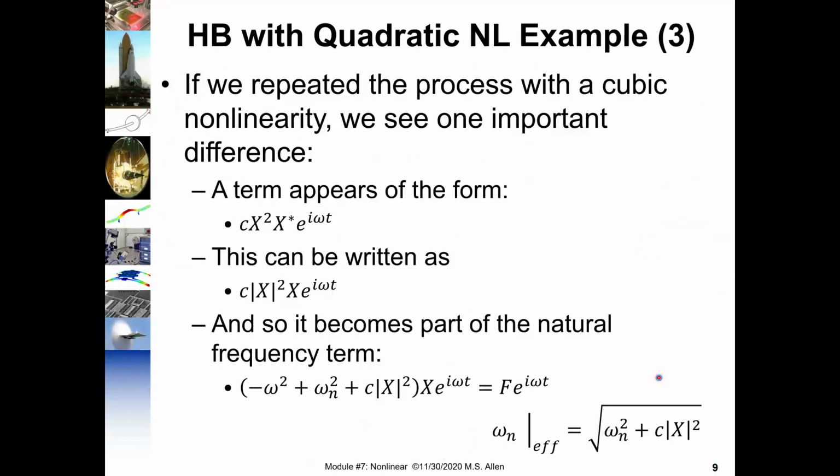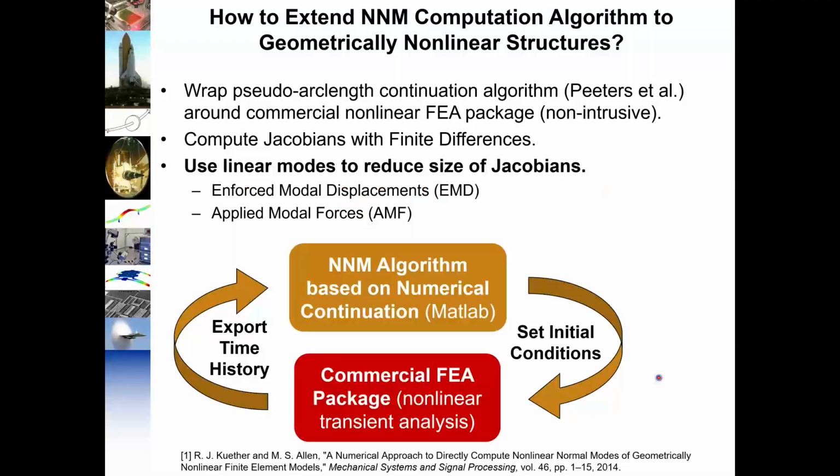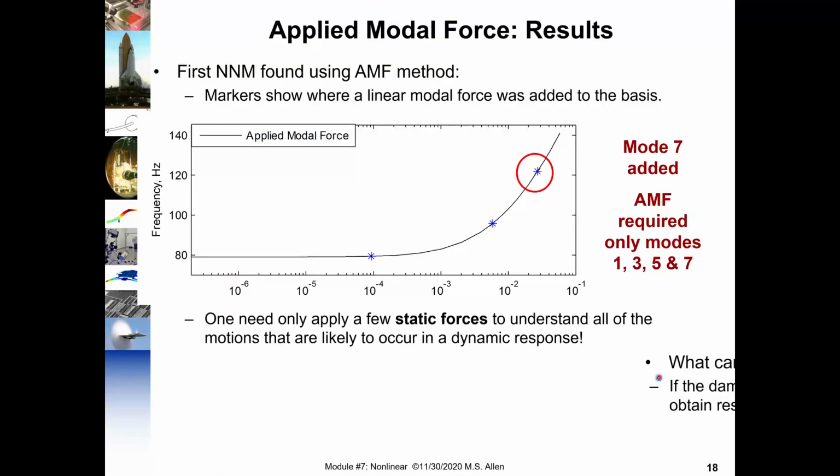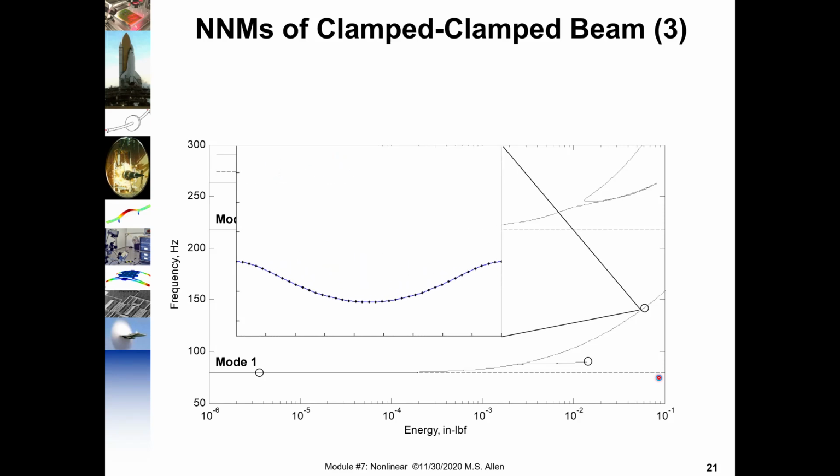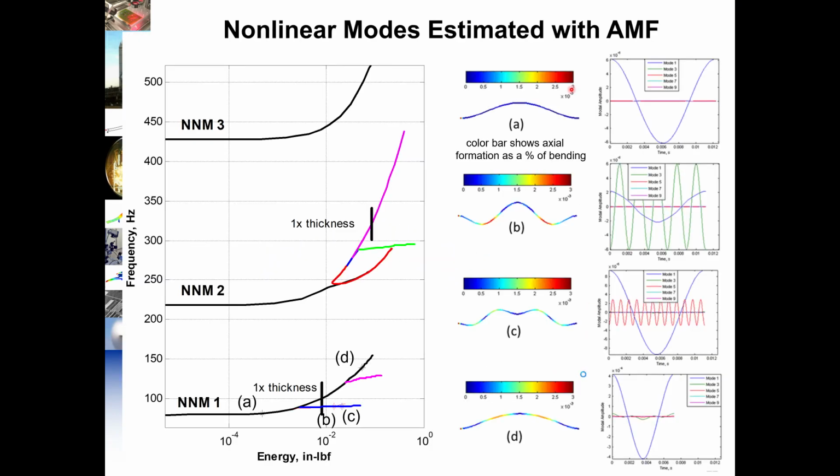All right, let's skip ahead here. So anyway, this gives you an idea of what nonlinear structures will do. In some ways, they're very similar to linear structures, just with a frequency that depends on amplitude. But there are these very interesting things that can happen.